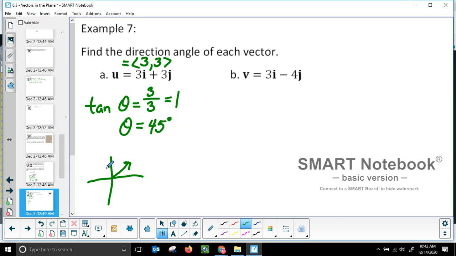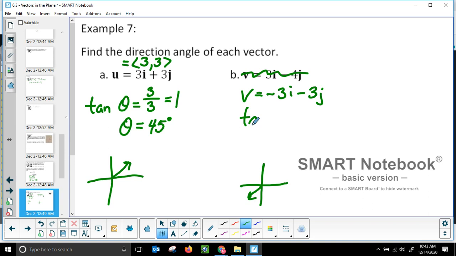Now, what I was kind of talking about earlier, let's just say instead of doing this, what if v were equal to negative 3i minus 3j? Well, if we were to graph that, negative 3, negative 3 would be the point here, so my vector would actually be here.